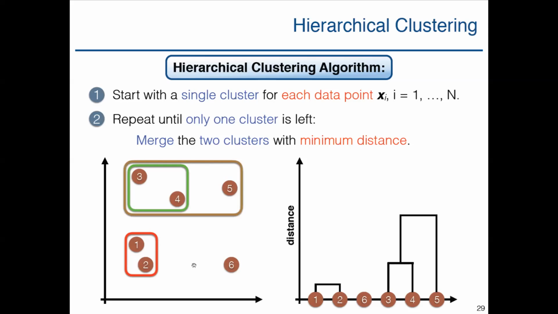In the next step, it turns out कि ये वाला जो cluster था 3 और 4 जिसमें किए हुए थे, जो green cluster है, that is closest to this other cluster, that was this point here. हमने इन दोनों को combine कर दिया, right? So we show the same thing here in the figure कि इस cluster को हमने combine कर दिया इस 5 वाले के साथ, and we have this joint here like this.